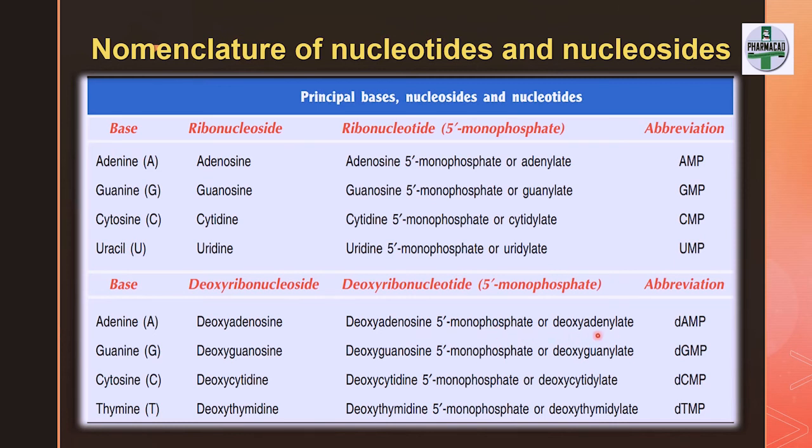It is abbreviated as dAMP, where the d is in the lower case. Similarly, it would be applicable for guanine, cytosine and thymine if they are attached to the deoxyribose group along with a phosphate group.